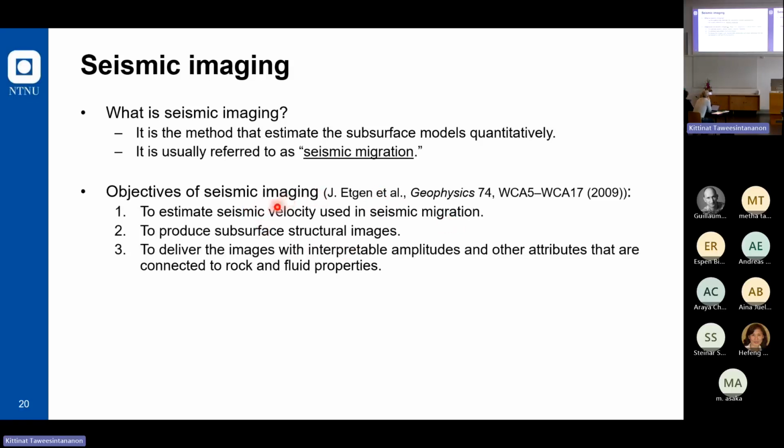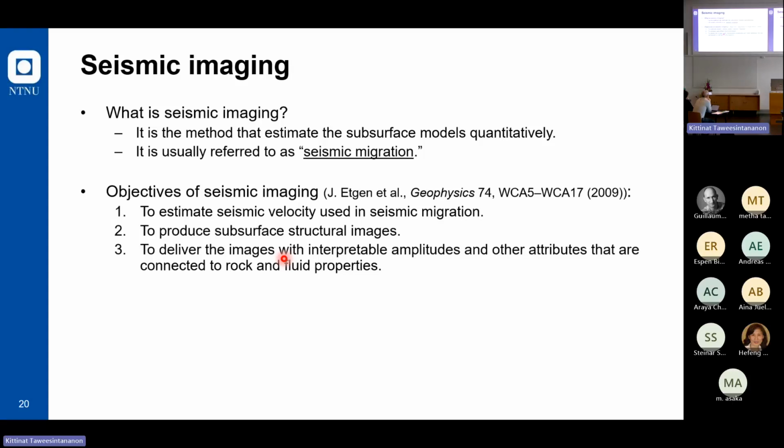So we need to produce a good velocity to produce a good migrated image. The second objective is to produce a subsurface structure image and deliver an image with interpretable amplitudes and other attributes that connect to rock and fluid properties.